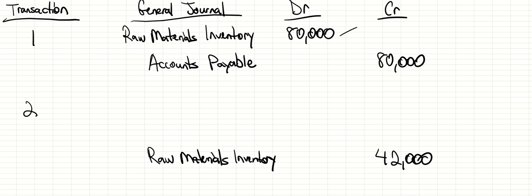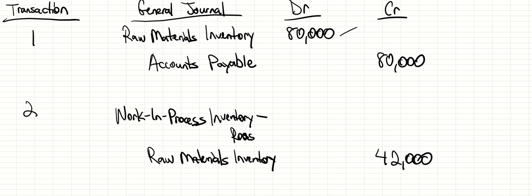And we're moving that balance of 42,000 into an account called work in process inventory dash roasting, because it's going to the roasting department. And that's going to be a debit of $42,000. So this is what's happening.